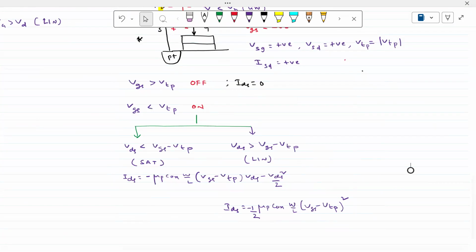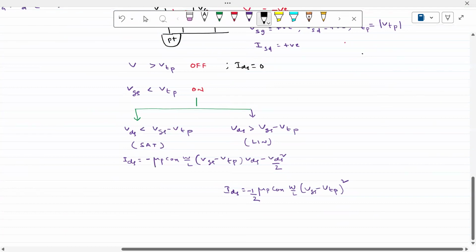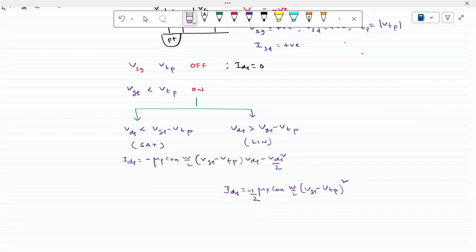What about this? VSG, what should be the greater than? It becomes less than the magnitude of VTP. So now it's off. IDS is equal to 0.